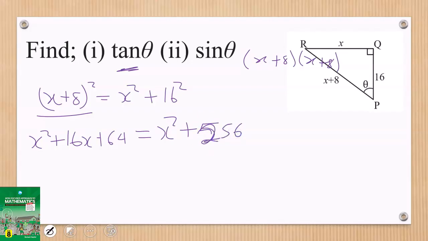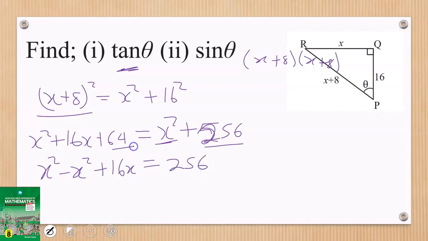Now, when we simplify this by grouping like terms, we can have our x squared here. This can move to become minus x squared here. And then we have plus 16x is equal to 256 minus 64.